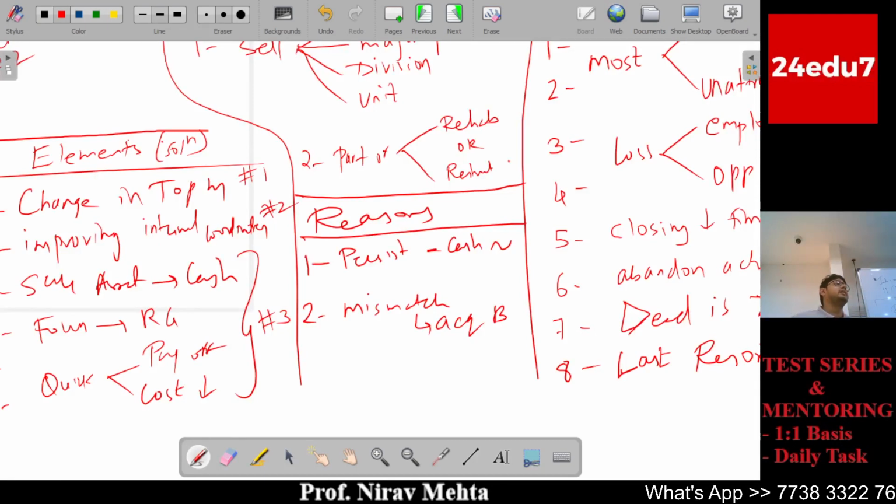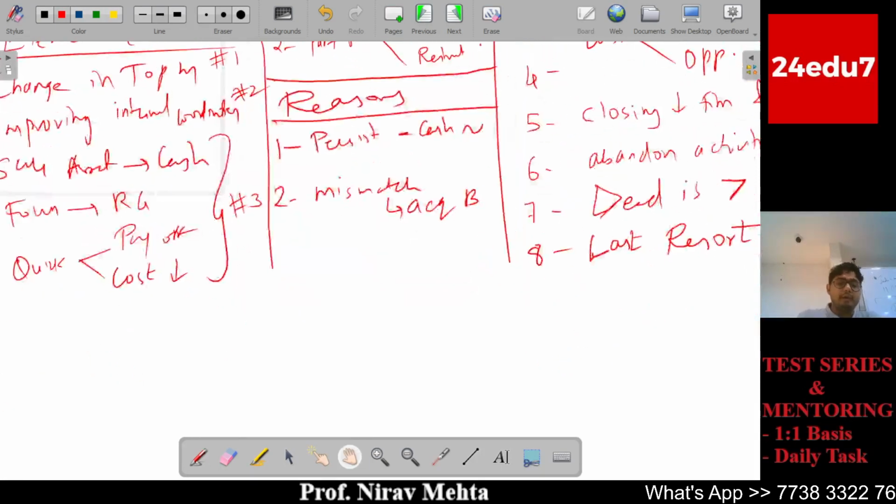The acquired business is a mismatch, not integrated with the current company's portfolio. Sometimes turnaround may even be ignored if divestment is the only solution. Getting my point? Yes. Third point, very important.